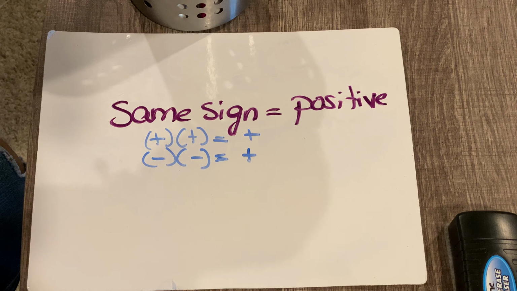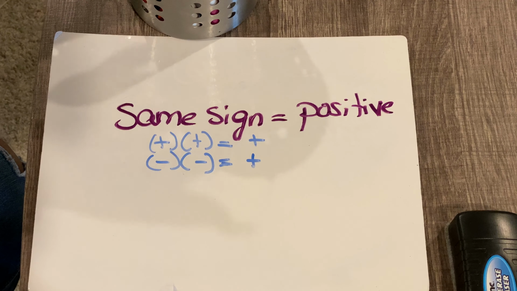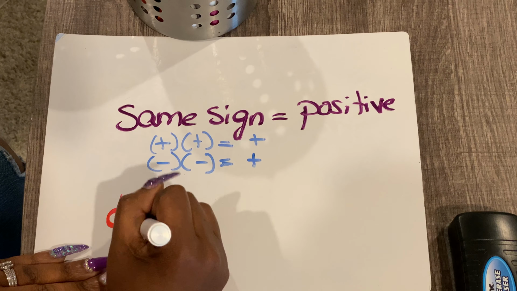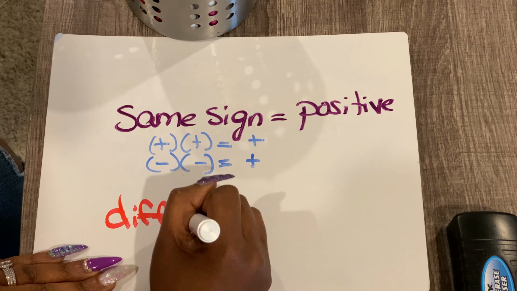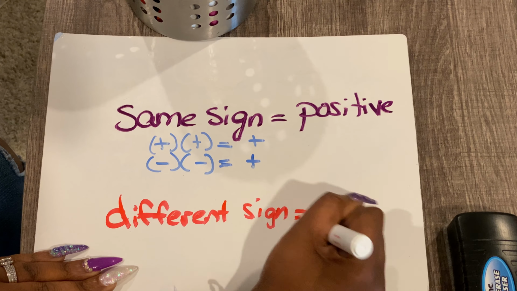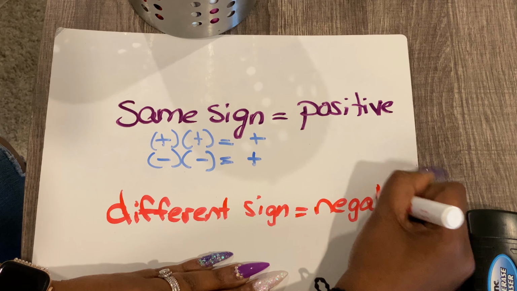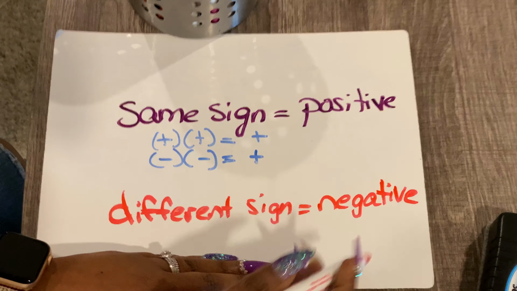Now what happens when they're different? Well, you know me, I like to use different colors. So different sign, what do you think that's going to be? We've done this in class and we had it on the board. A different sign is a negative.